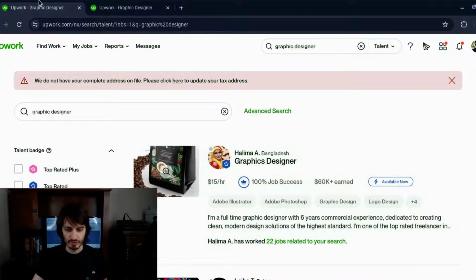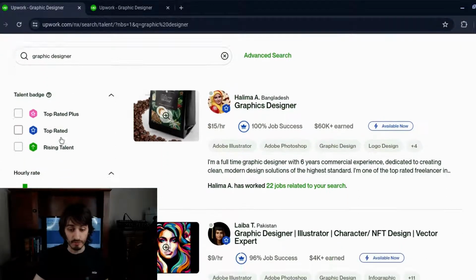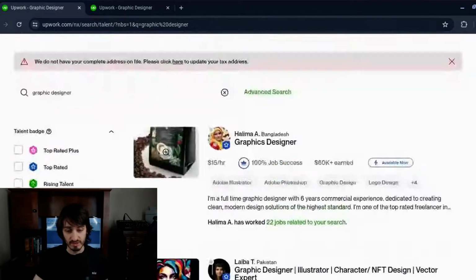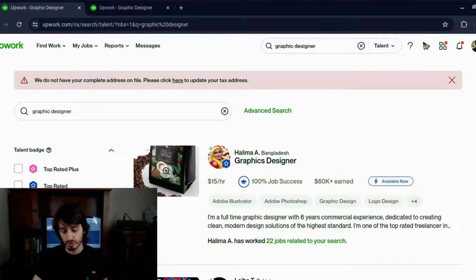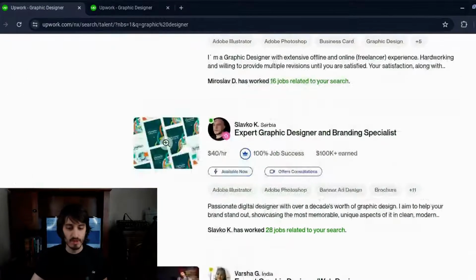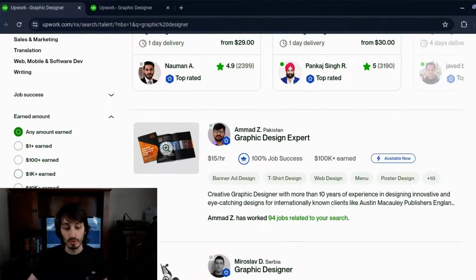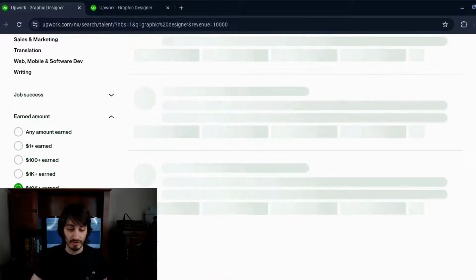Okay, so on the first tab, I'm going to find graphic designers who are successful so that we can see what their profiles look like. First thing you want to do is go down to, you see at the left, there's advanced search, search categories. So we're going to go to earned amount and make sure that we only see freelancers who've made at least $10,000 on the platform.